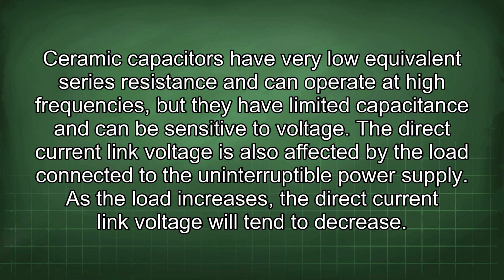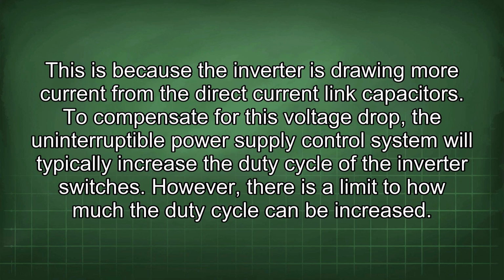The direct current link voltage is also affected by the load connected to the uninterruptible power supply. As the load increases, the direct current link voltage will tend to decrease. This is because the inverter is drawing more current from the direct current link capacitors. To compensate for this voltage drop, the uninterruptible power supply control system will typically increase the duty cycle of the inverter switches.